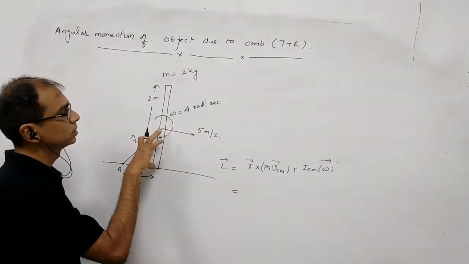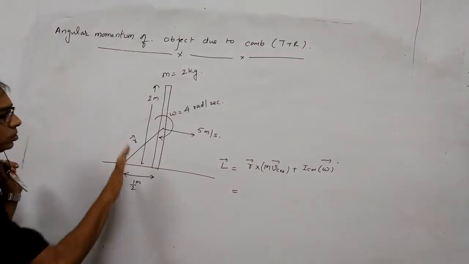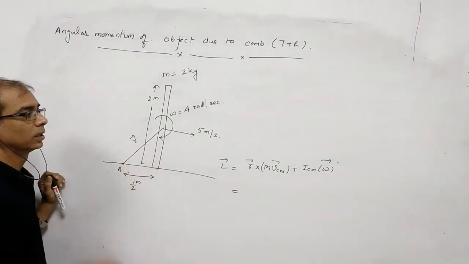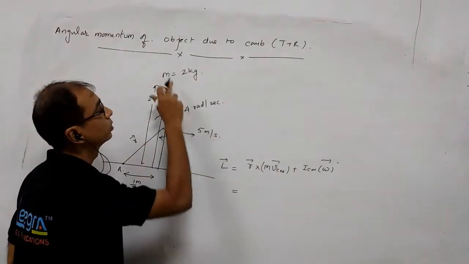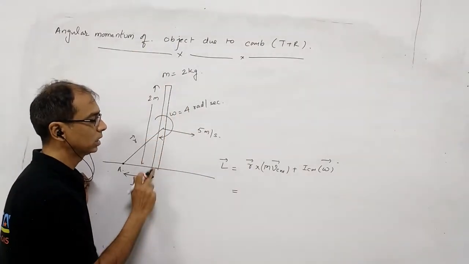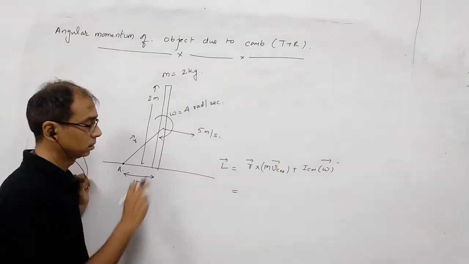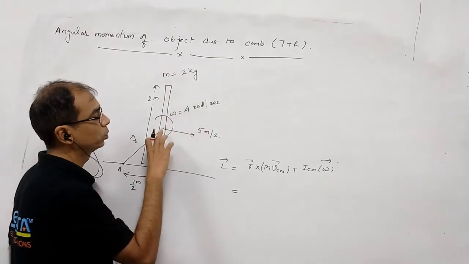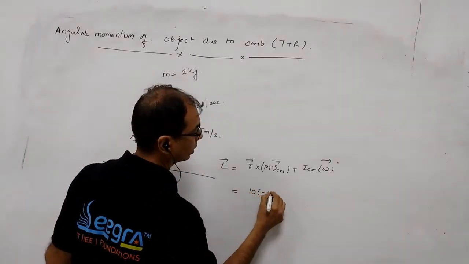How much is this? This is 1 meter. Which direction is our angular momentum? R cross MV, inside. So how much is coming? 5 into 2 into 1, that is 10, R perpendicular. Are you able to understand? But which direction is it? Minus K, inside.